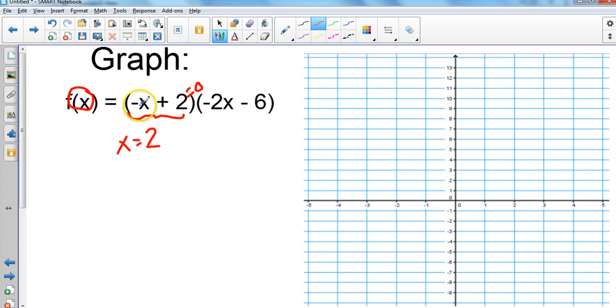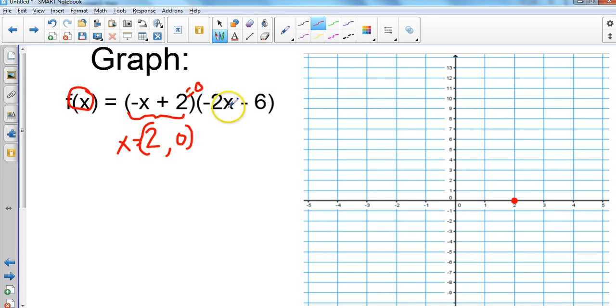Because if x is positive 2, this becomes negative 2, and negative 2 plus 2 is 0. So if x is a positive 2, we're going to get out a 0. So that's a point that is on our graph. It's an x-intercept. The point (2, 0) we get from the x value that makes this factor 0.